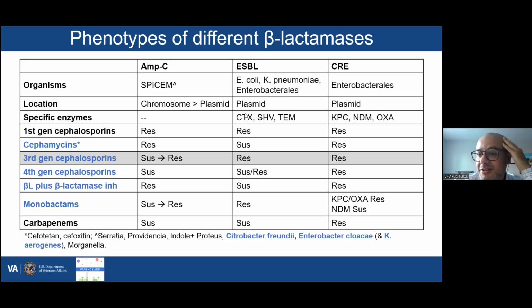You have ESBL, as in this case. Those are usually resistant to ceftriaxone and also resistant to other beta-lactams except for carbapenems. And you have CRE, the scariest one of them all, because they are resistant to everything that we're used to, including carbapenems.